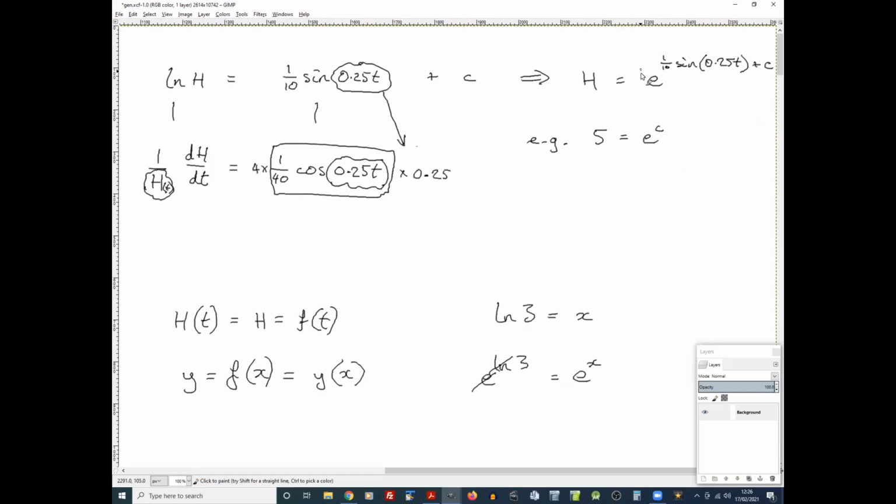So what we could have done straight away here before plugging in, what if we just looked at that and thought, that's an awfully big power. Can we expand it so that we've got a smaller power? If you've got the power of one thing plus another, you can expand, can't you? For example, e to the a plus b expands how?